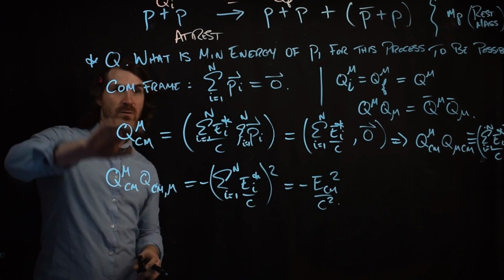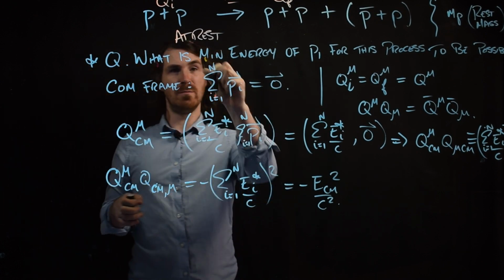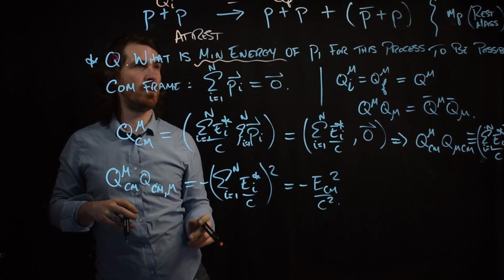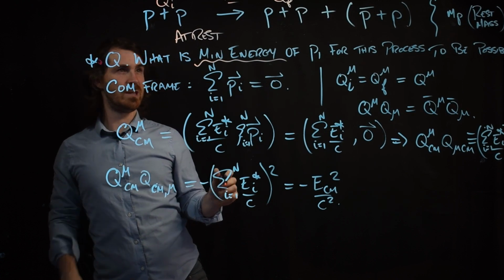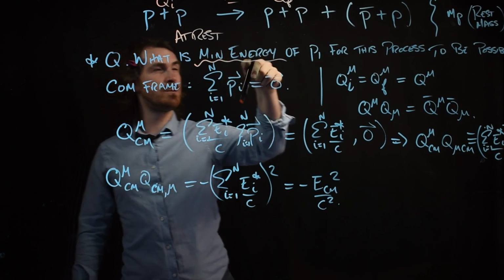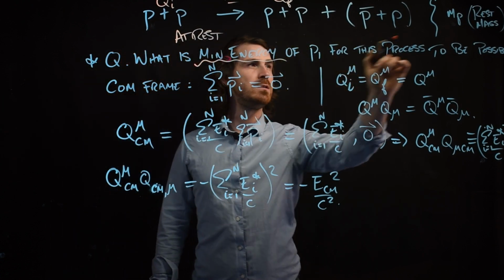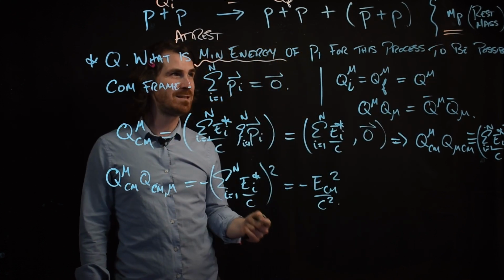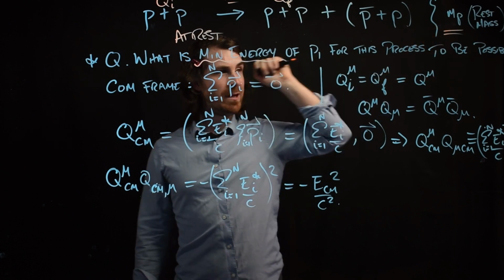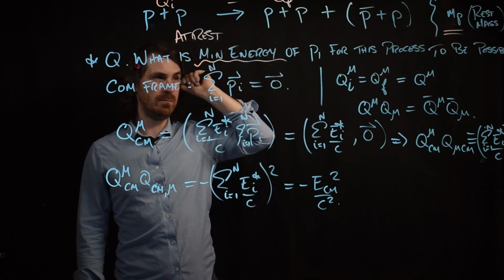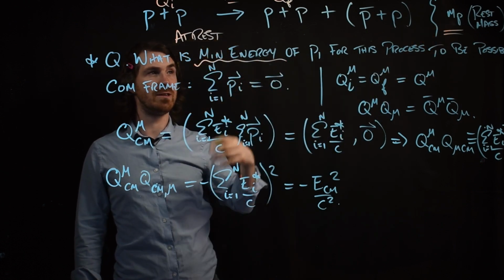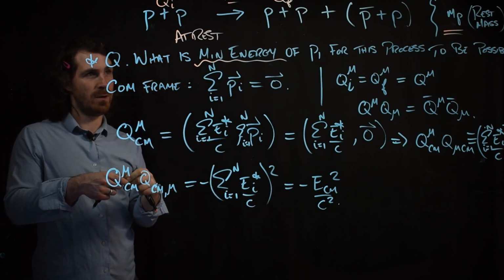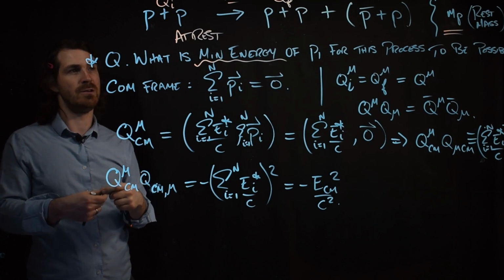So the question asks what's the minimum energy for this process to be possible? So what does that mean? For the process to be possible, we have to create 4 particles of rest mass m_p. So we need at least 4 m_p c squared of energy, because that will allow us to create the masses, but we'll have nothing left over for kinetic energy.